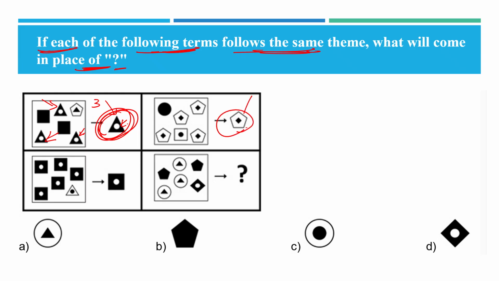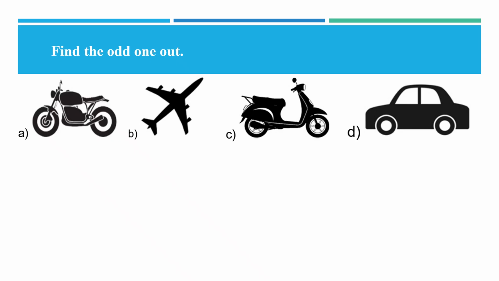There is a pentagon and there is a rhombus in it where I have four of such symbols, and here I have a square with a circle in it, and there are five such symbols in the third square. So coming to the fourth square, I see a circle with a triangle which is more in number, therefore the answer is A. Oh, okay, great.